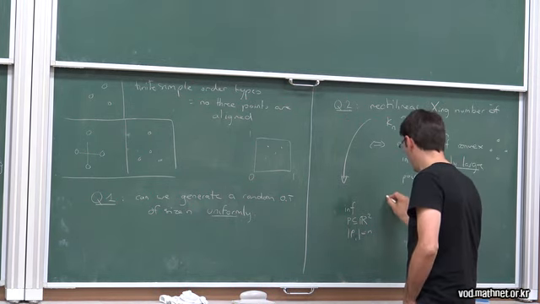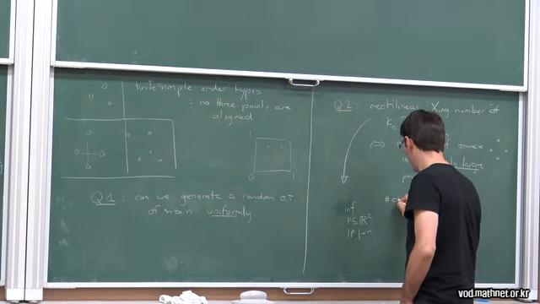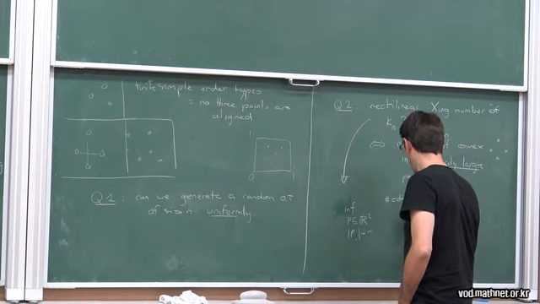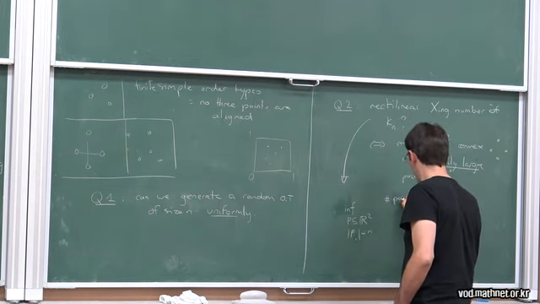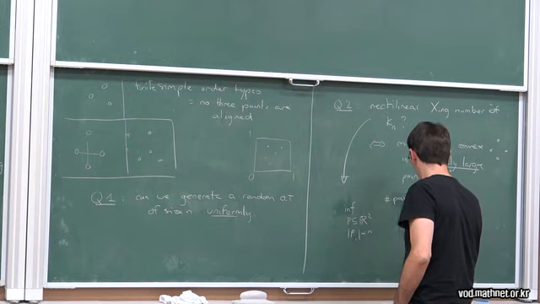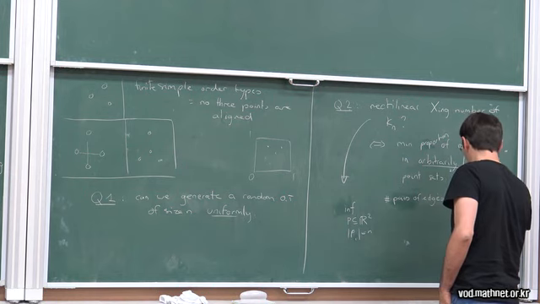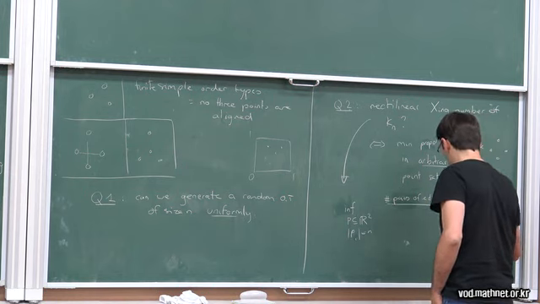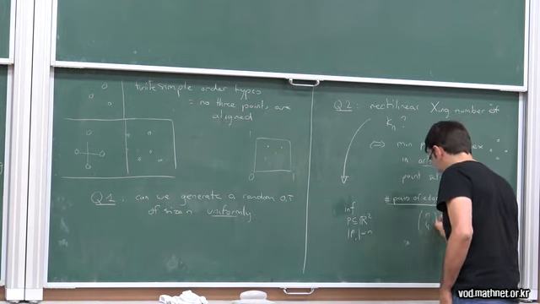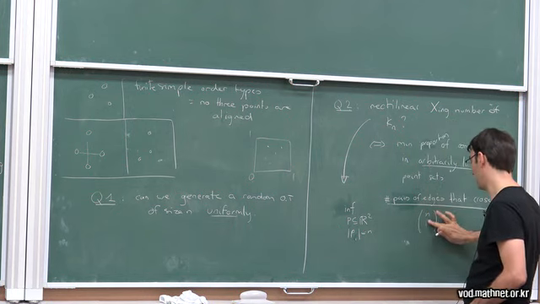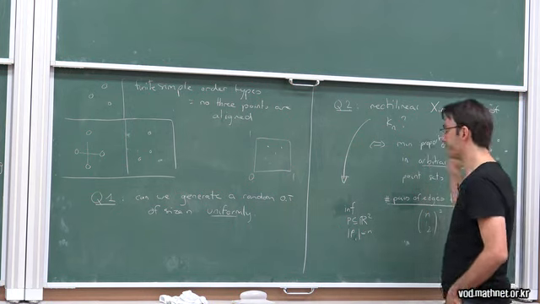Okay, so the number of pairs of edges that cross, divided by n choose 2 squared.